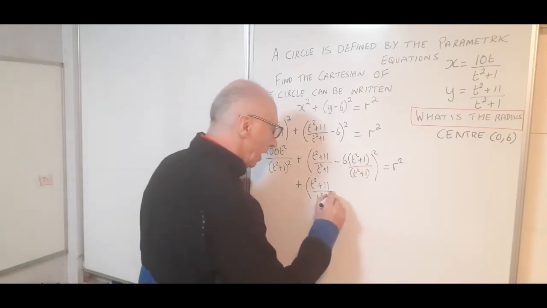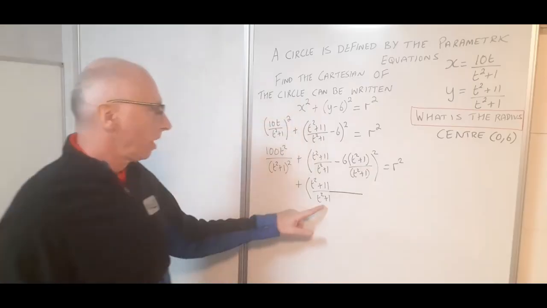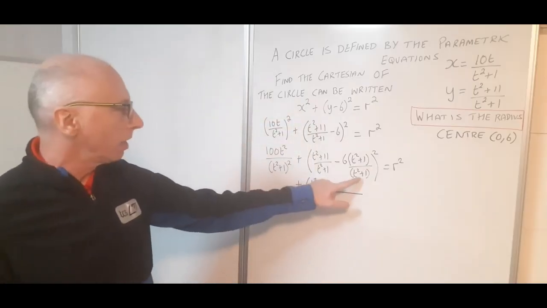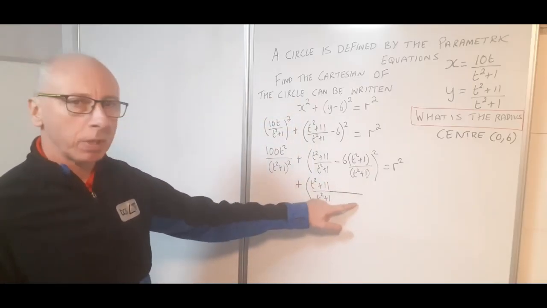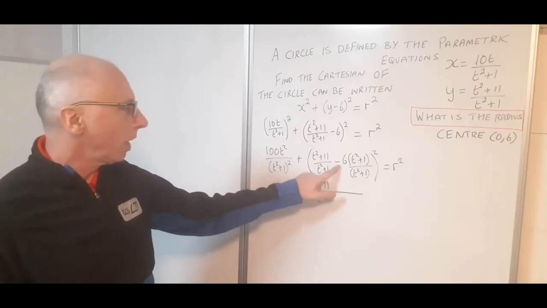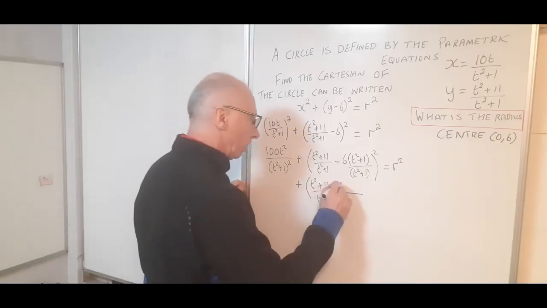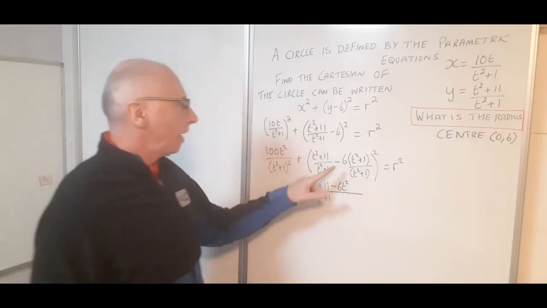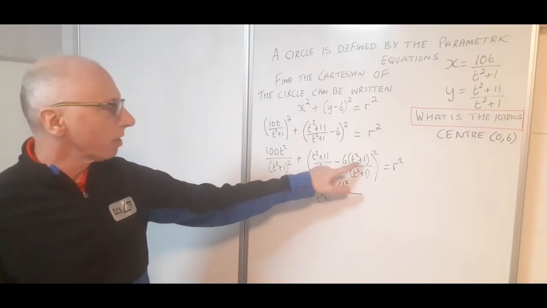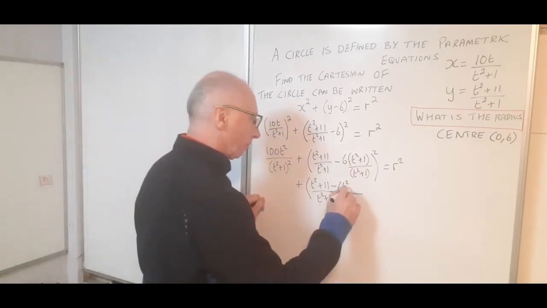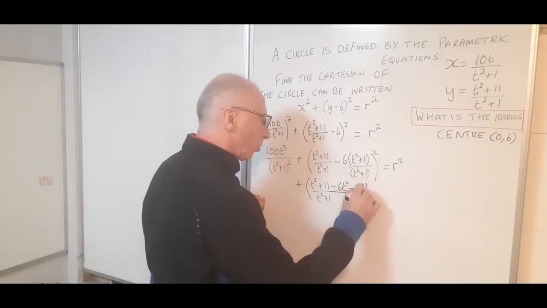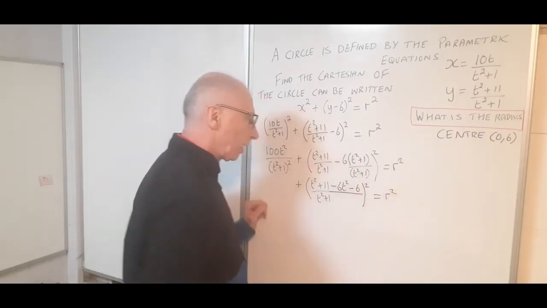So what I could do now is open up this. This is going to have the same denominator, so t squared plus 1 will be applying on both parts. So now I'll have minus 6t squared, and then here I'm going to have minus 6 times plus 1, that's minus 6. And then that's going to be all squared, and that equals the radius squared.